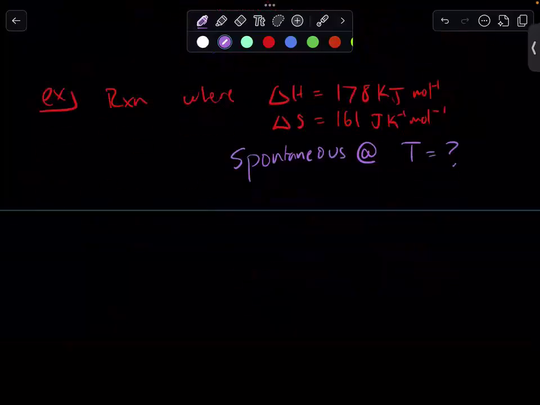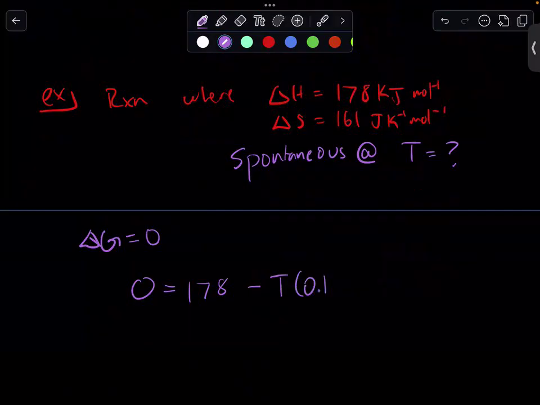And now we can plug it in. So we're going to say delta G equals 0. That will be the transfer point when it goes from positive to negative. And so now we can just plug in 0 equals 178 minus T, which will stay a variable, times 0.161.